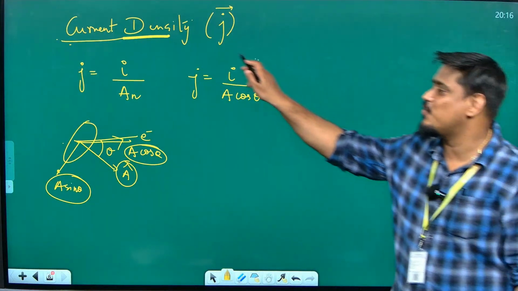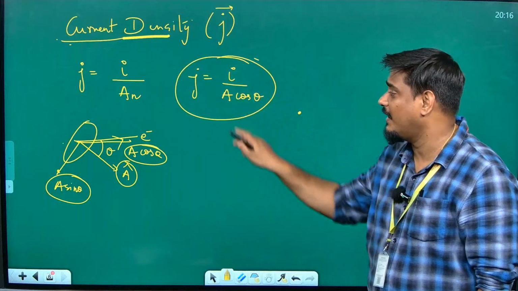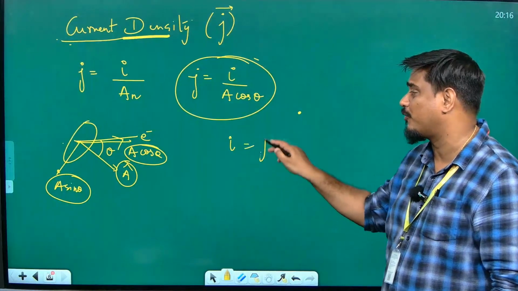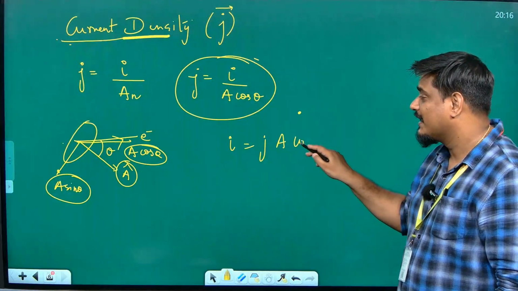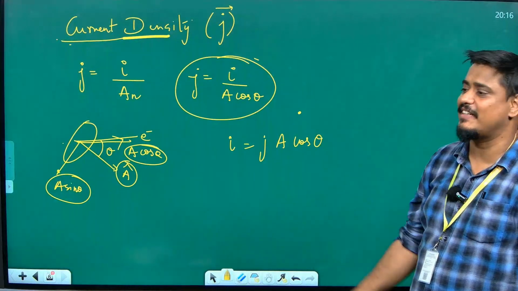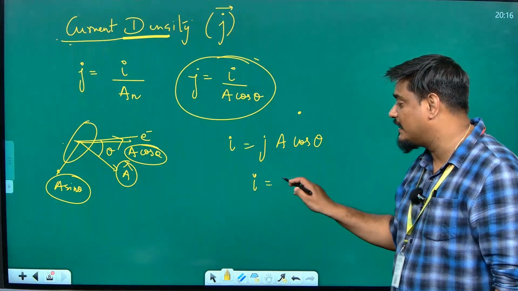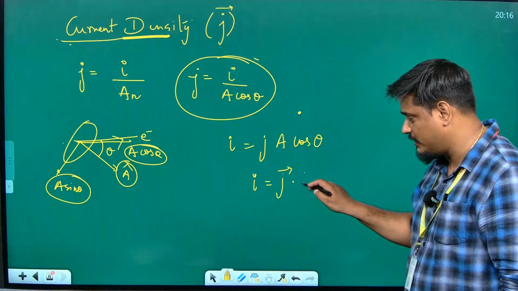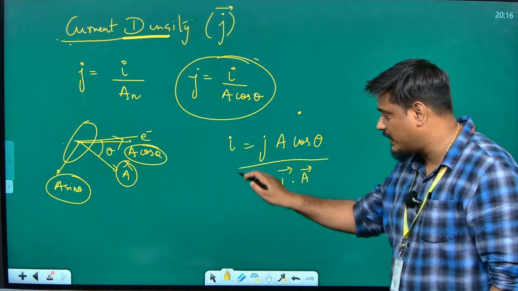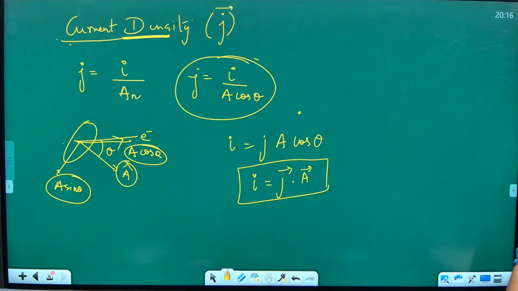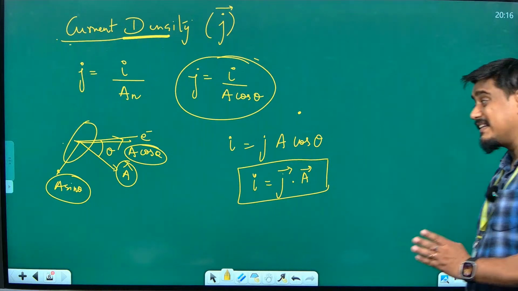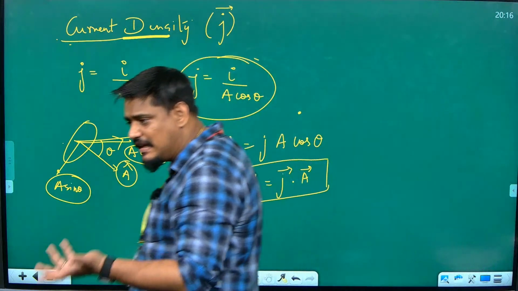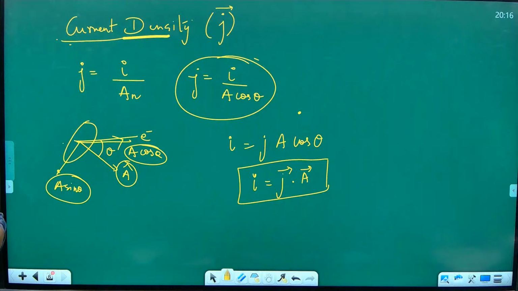So from here you come to know that current is the dot product of what and what? Current density and area vector. That's why current is a scalar quantity. Since current is the dot product of current density and area vector, it is classified under the category of scalar and not vectors.